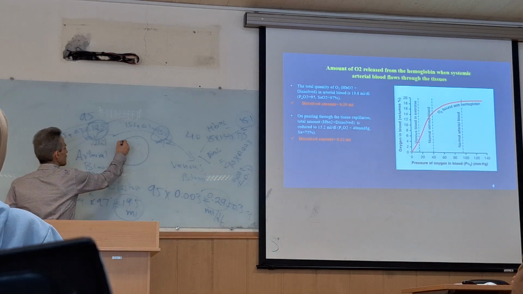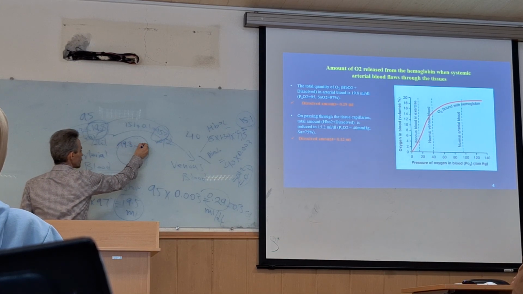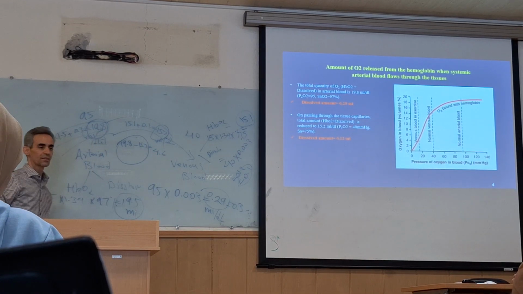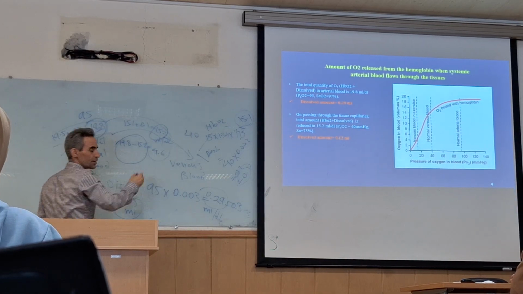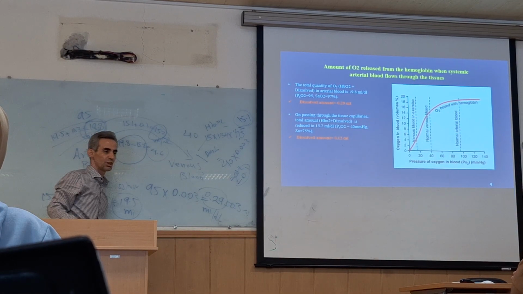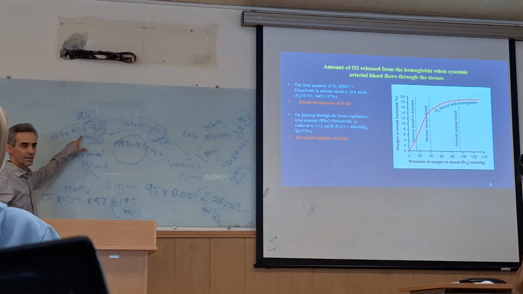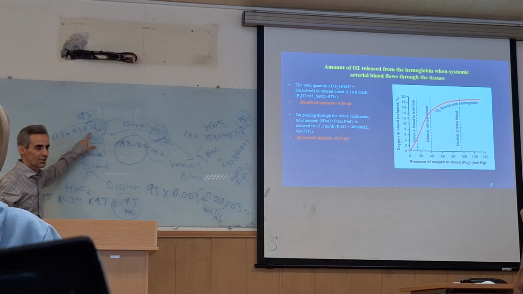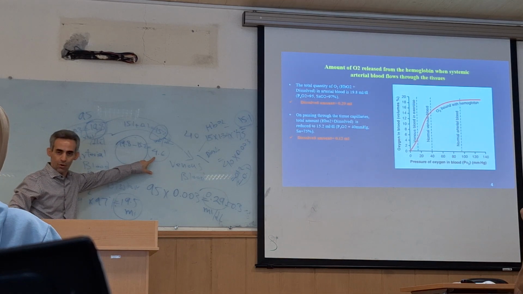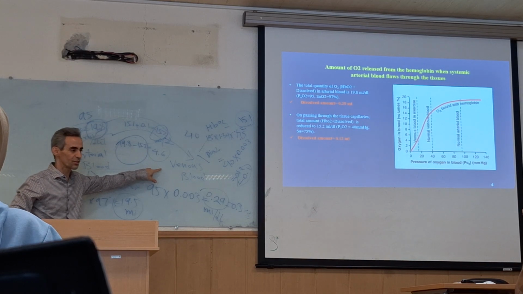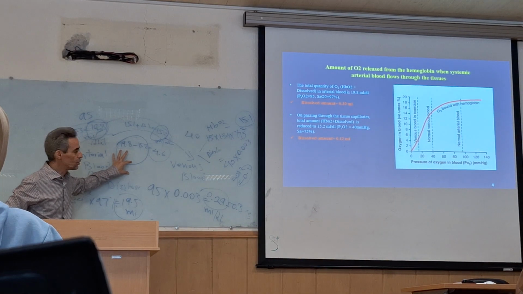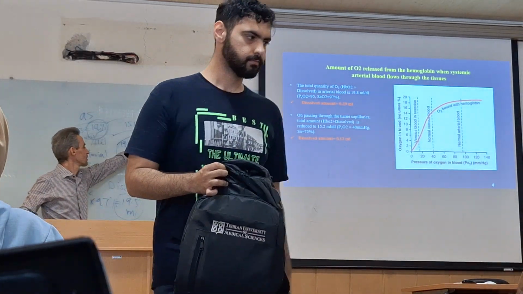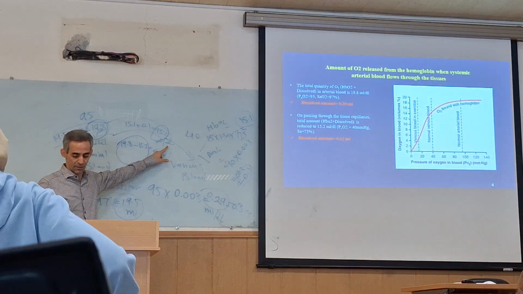How much? 19.8 minus 15.2 is 4.6. 4.6 means that each deciliter of arterial blood can deliver 4.6 milliliter of oxygen into the tissue, and the remaining oxygen in venous blood is 15.2 milliliter per each deciliter.